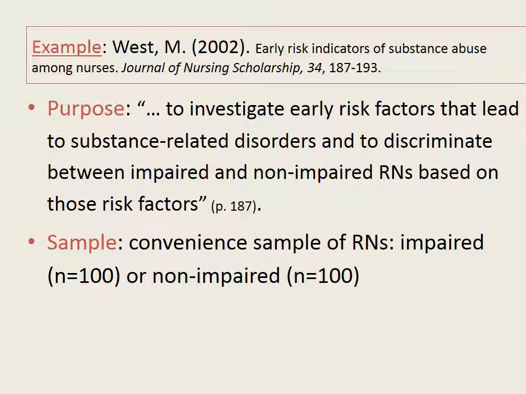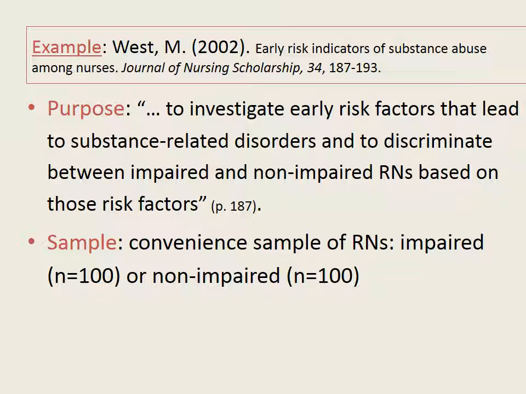Here's an example. Early risk indicators of substance abuse among nurses. The purpose was to investigate early risk factors that led to substance-related disorders and to discriminate between impaired and non-impaired RNs based on those risk factors. They had a convenient sample, so they took what they could get, and of course they're also hoping that people are telling the truth. 100 impaired nurses and 100 non-impaired nurses, so basically they would have 200.